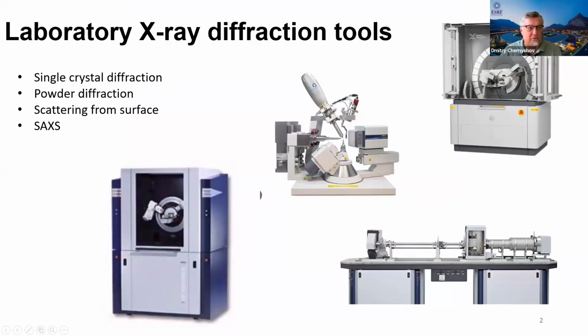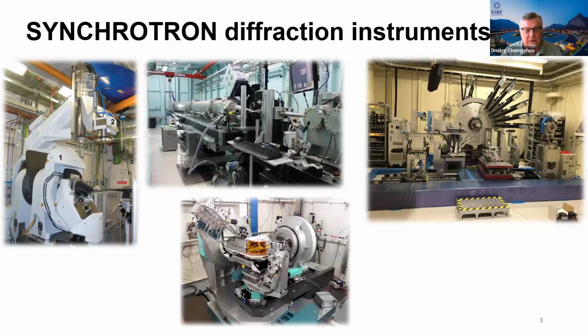If you go to a good laboratory X-ray facility in any university, you can find basically four main machines: single crystal diffraction, powder diffraction, scattering from surfaces, and small angle scattering maybe. When you go to a synchrotron, you of course find the same thing, but on a much, much larger scale.